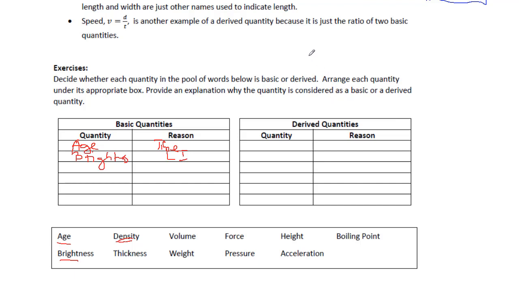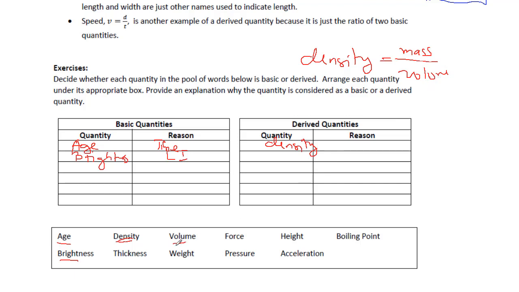So density is mass over volume, and clearly this will be a derived quantity because mass is a basic quantity, and we have volume, another derived quantity. Volume is actually length cubed. So density is a ratio of mass and a derived quantity, volume.